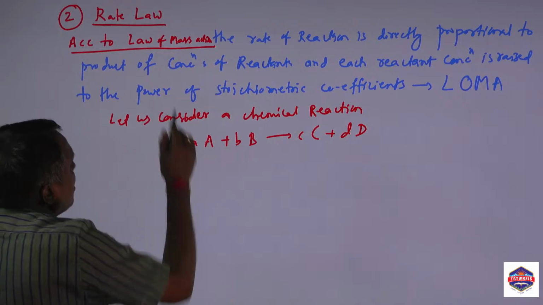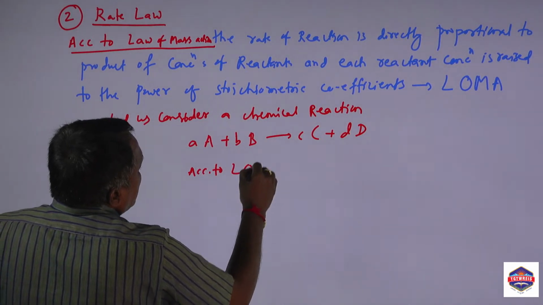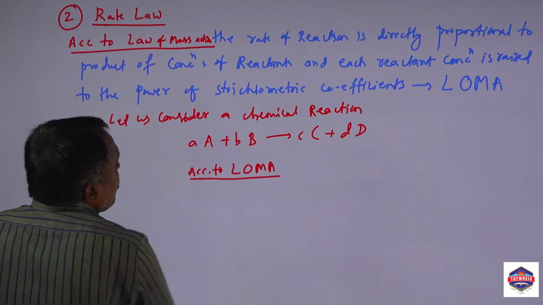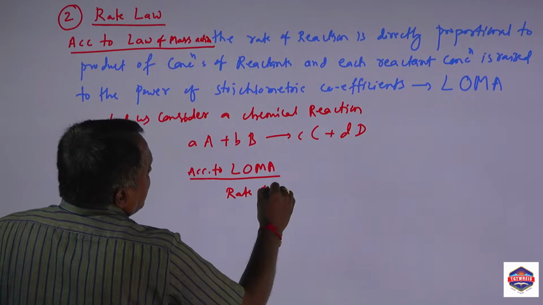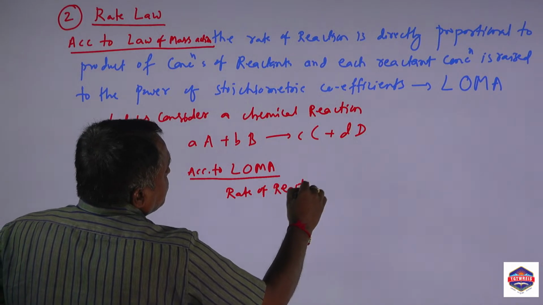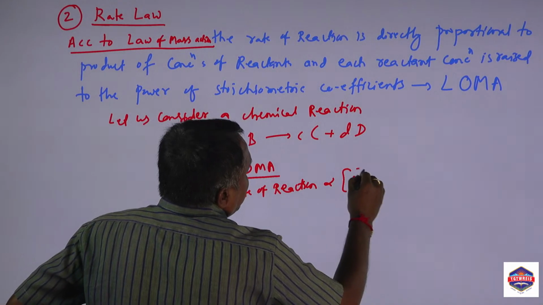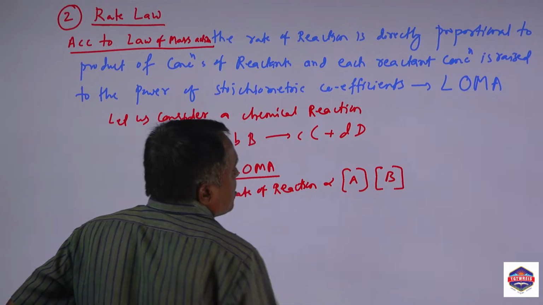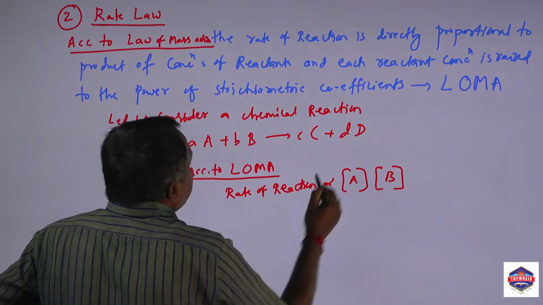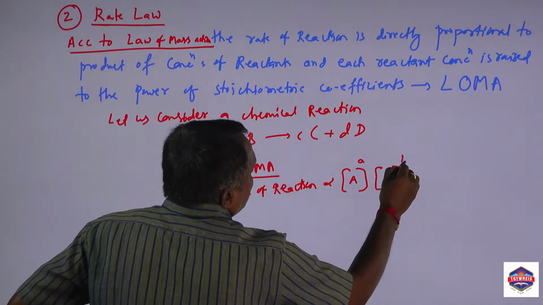So according to this law of mass action, the rate of reaction is directly proportional to the product of reactant concentrations, concentration of A into concentration of B, and each reactant concentration is raised to the power of their stoichiometric coefficients, power a and power b.